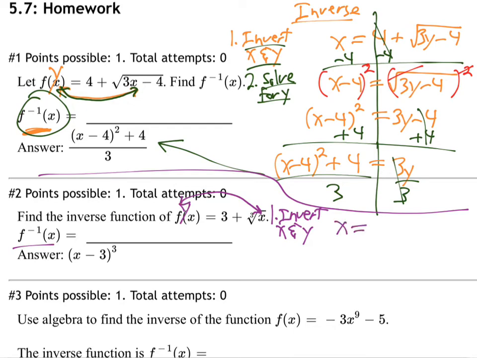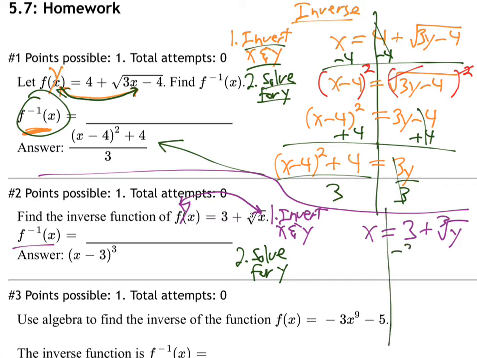Becomes x equals 3 plus the cube root of y. So we switch x and y, step 1. Step 2, solve for y. It's just 2 steps to find an inverse function. Switch x and y, invert x and y, and then solve for y.